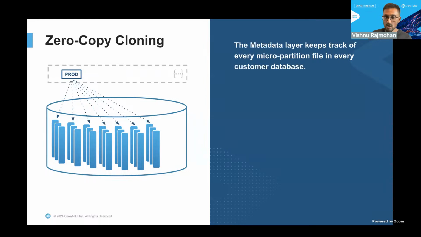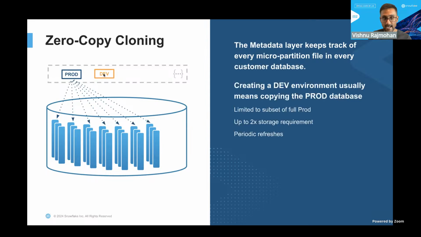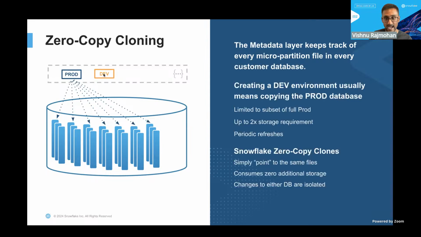Now, to avoid that complexity, what Snowflake provides is the concept of zero copy cloning, where you can create a clone of your environment. In this case, I've got a prod environment, but in order to test some processes, I can create a zero copy clone, call it dev, and what it does is it only creates metadata pointers to my micropartitions. It does not double up data, does not create additional micropartitions. They are merely metadata pointers. So that reduces massively the amount of storage that you need to take care of when you're managing these different environments.